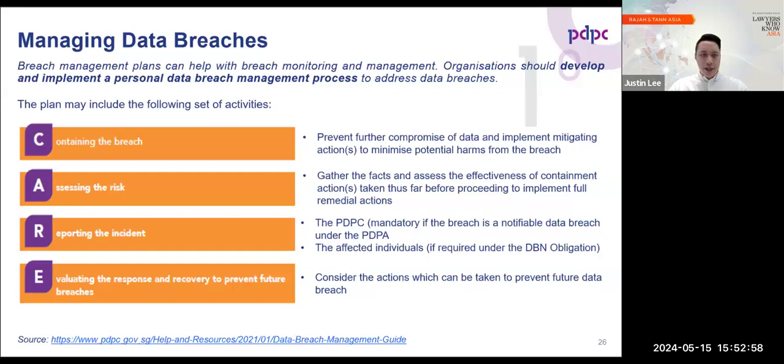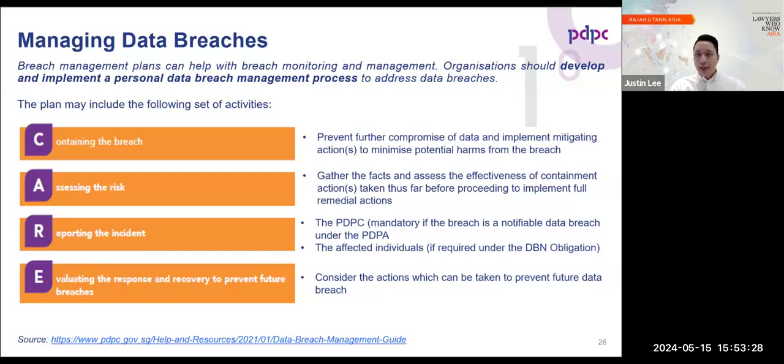Okay, and just finally on the point about risks and handling those risks, I did mention earlier that it's important to have a data breach policy and plan to respond to those data breaches because, as I said, you want to have all these steps clearly documented in advance, and also to have training on these steps, so that when it comes to the actual data breach, people know what they need to do.